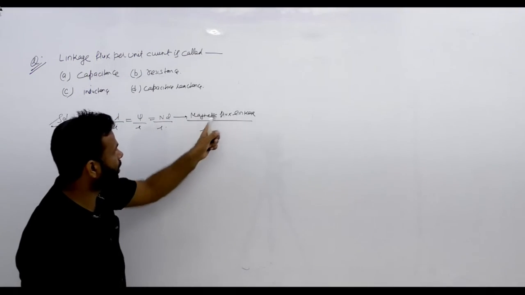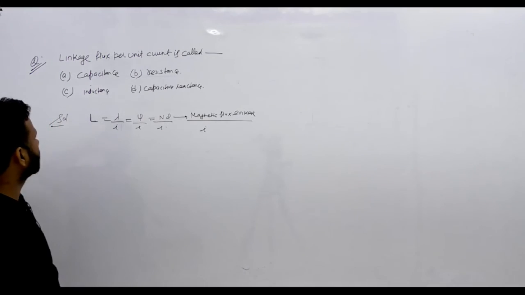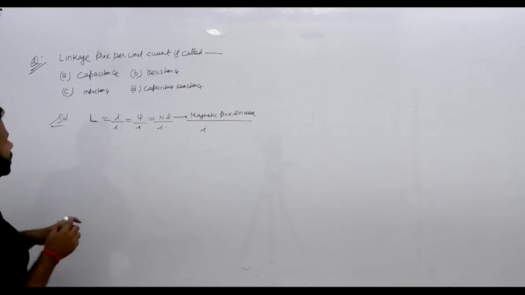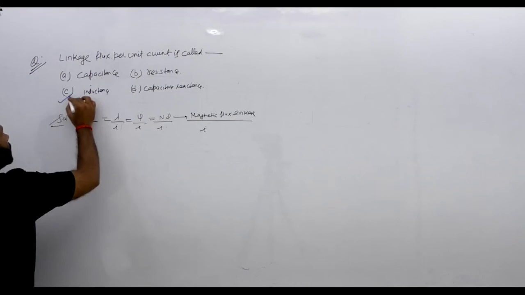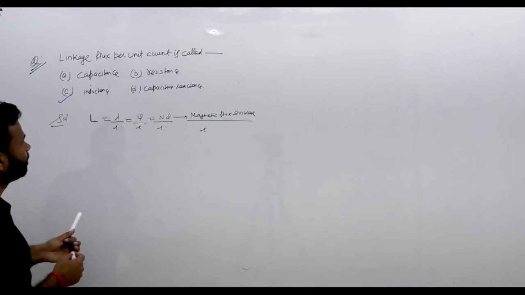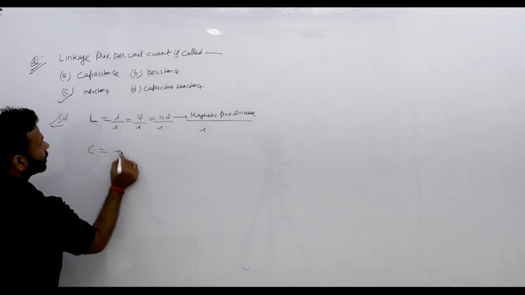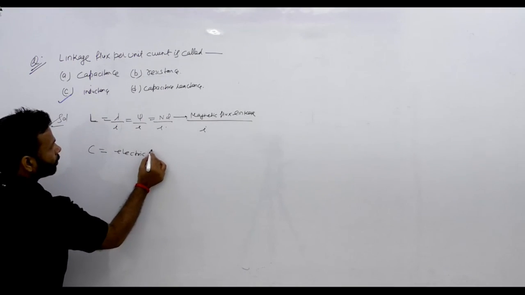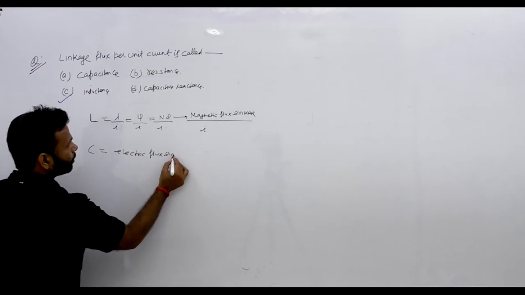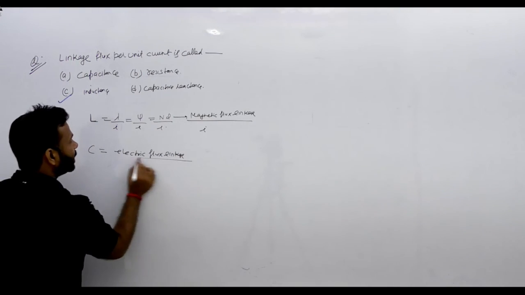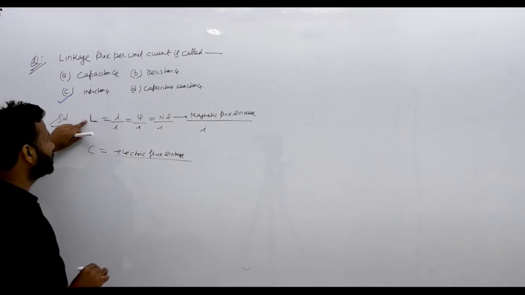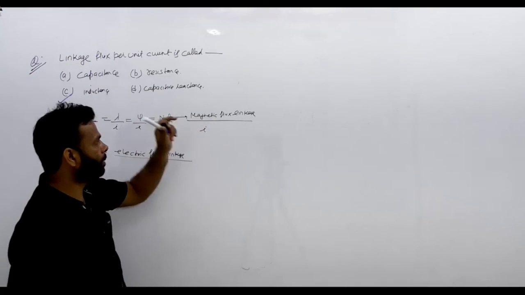So magnetic flux linkage per unit current is called inductance. So for this question we have C option. Now if they ask for the electric flux linkage, then C, electric flux linkage. Okay, now what are the similarities? Inductance is the magnetic flux linkage per ampere.